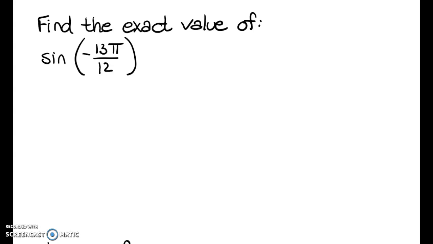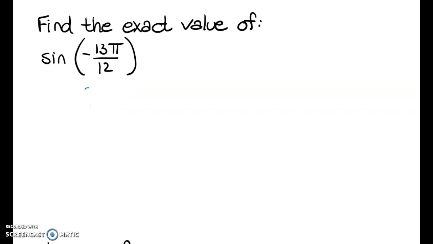So maybe we have 2 pi over 3 plus, what would that be as an angle over 12? Well, that would be 8 pi over 12. To get to 13, I would have to add 5 pi over 12, but we don't have that. So let's try 3 pi over 4.